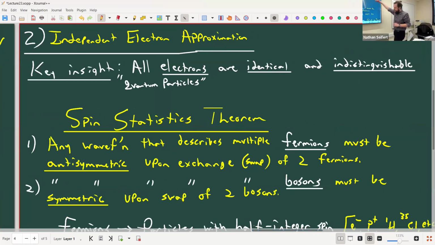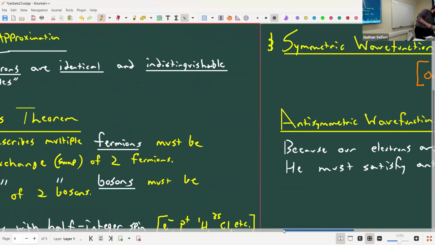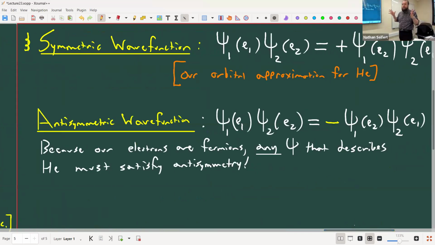The spin statistics theorem says that the antisymmetry or the symmetry properties are determined by the spin of the particle you're representing. But the point is that we have not even talked about spin yet. We've just treated the electrons in our approximation as two negatively charged particles, but they have this half integer spin that we haven't accounted for.